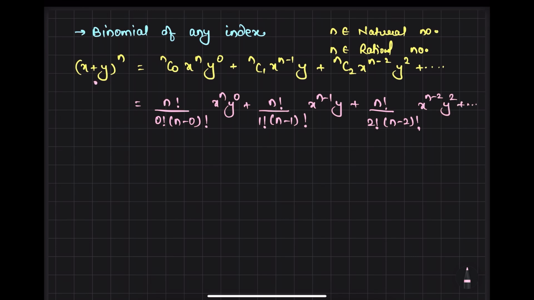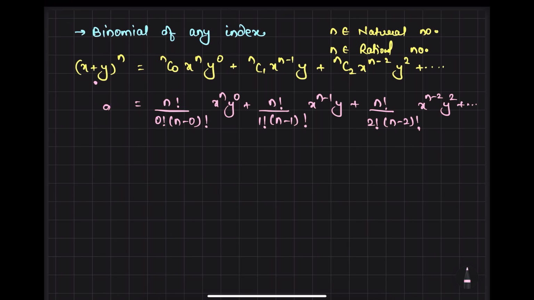Suppose from this step directly I wrote this. Do you think I did the correct step? No, because you also know that n factorial is defined for natural numbers. So we cannot write this either.